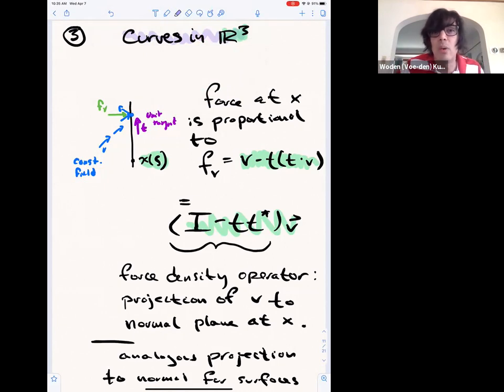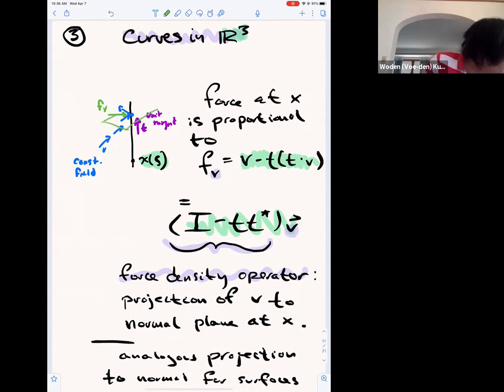That's always going to record the force that is imparted by that particular vector V. So we can bring out this operator here. This is the force density operator, and it's projecting V to the normal plane at X. So there's a little normal plane in here, and that's a fairly straightforward computation. This operator is just a projection operator to the normal plane at that point X.